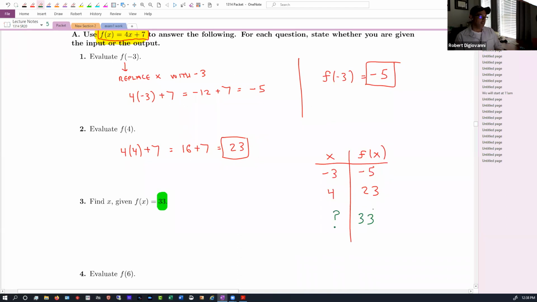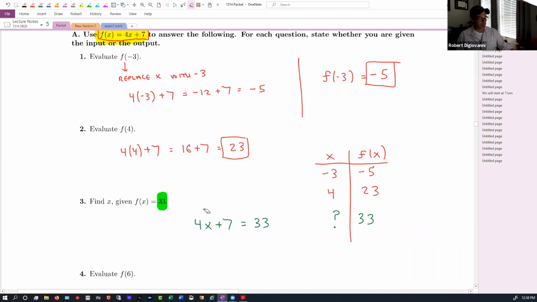And that's different. So the way you do this is you take your equation, and since we want to know what x is, we're going to just set the equation equal to the 33. And then we solve this equation using what we know about solving linear equations. So this is a linear equation in one variable.